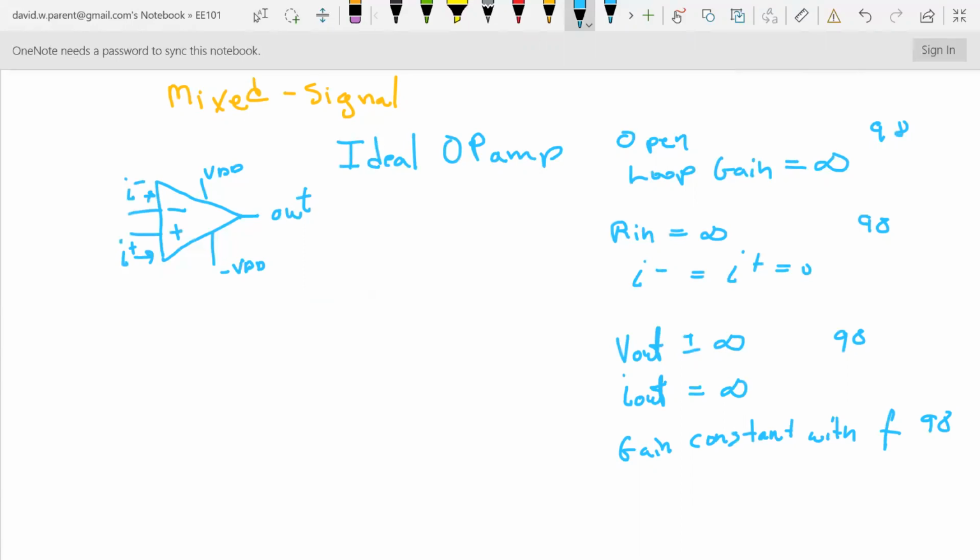And when we start taking away, in 110, we're actually going to work with op-amps where the gain isn't constant with frequency.